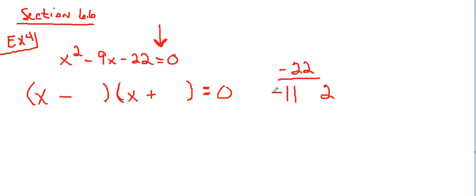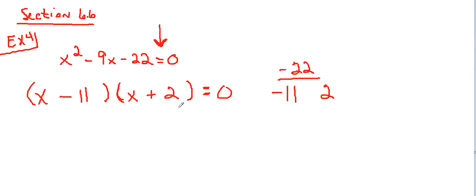It would have to be the 11. Negative 11 plus 2 is negative 9. So that means this minus sign is here already, so I just need to put the 11 here, and the 2 can go here. I prearranged my signs because I want to get those correct. You don't have to, you can just say negative 11 and 2. Either way is fine.